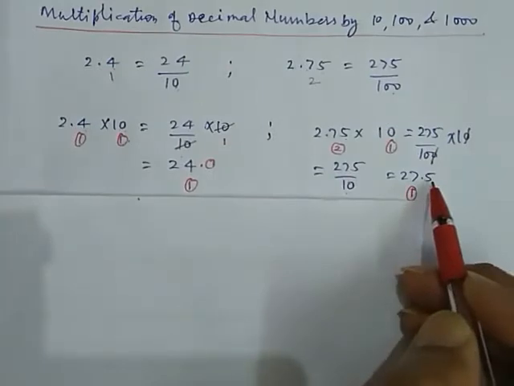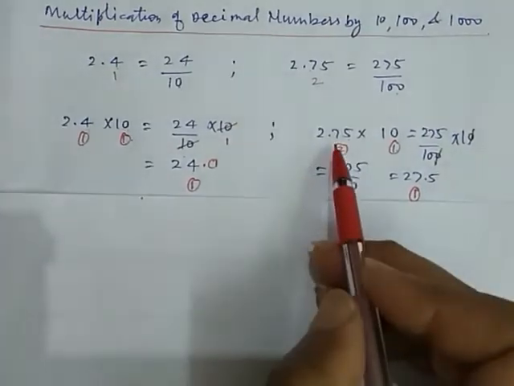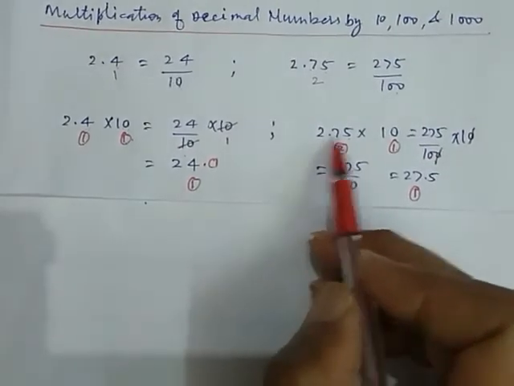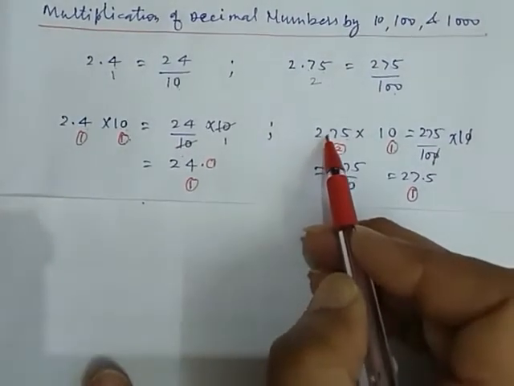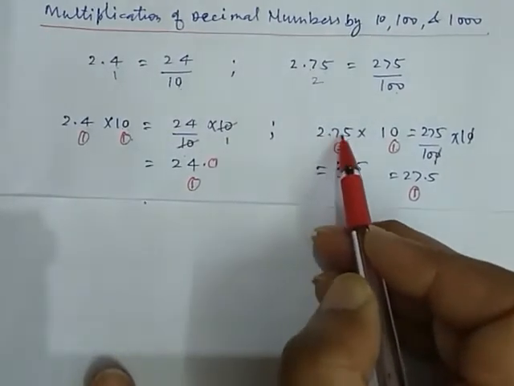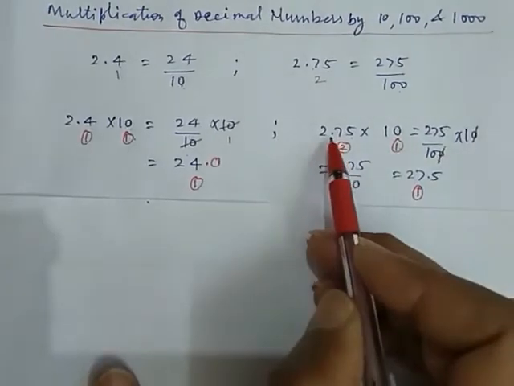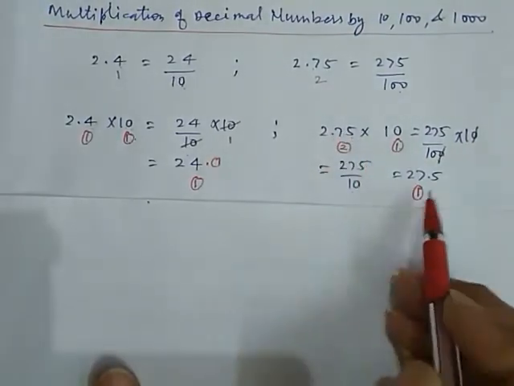Okay. So here we put the decimal here, but now we clearly see that this decimal shifted toward right by 1 place because there is 10 only. So we directly shift the decimal.